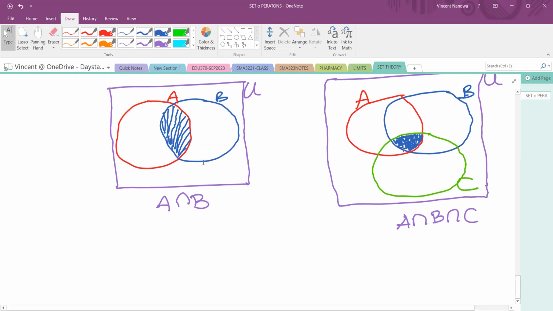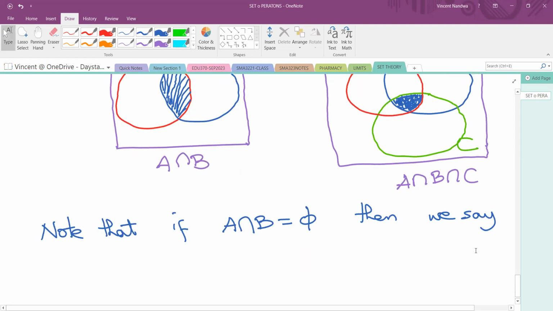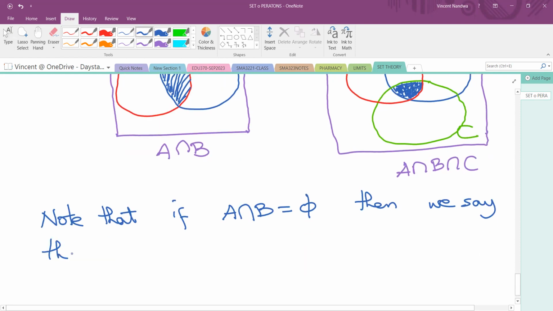So please note that if the intersection of A and B is empty, then we say that A and B are disjoint sets.